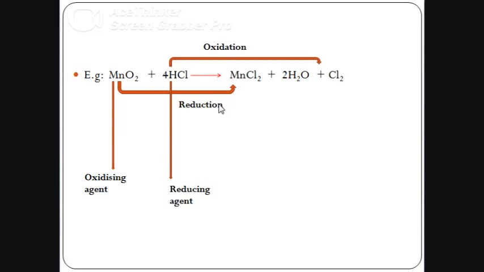Second thing is, on the reactant side, in the hydrochloric acid, hydrogen has been removed and leads to the formation of chlorine gas. So removal of hydrogen means oxidation, that is the removal of an electropositive element. This is related to oxidation.